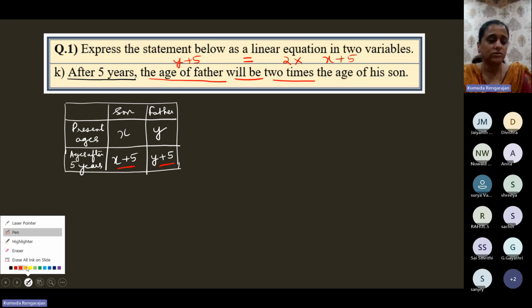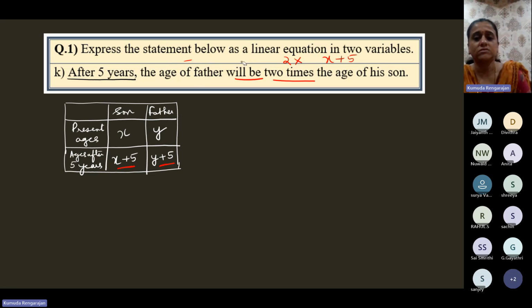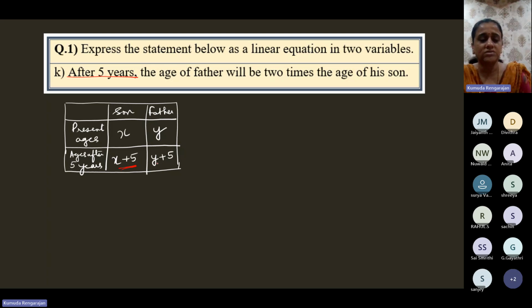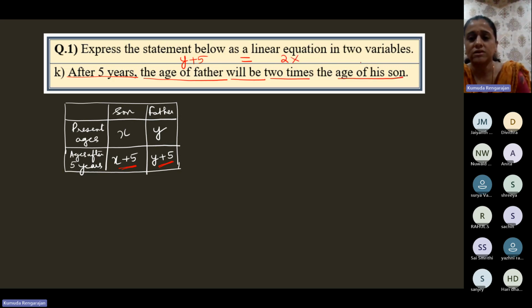Now, as you read, you can just construct the equation. After 5 years, the age of the father, Y plus 5, will be equal to 2 times the age of the son, X plus 5.